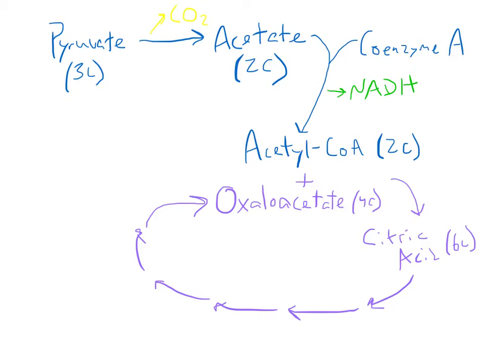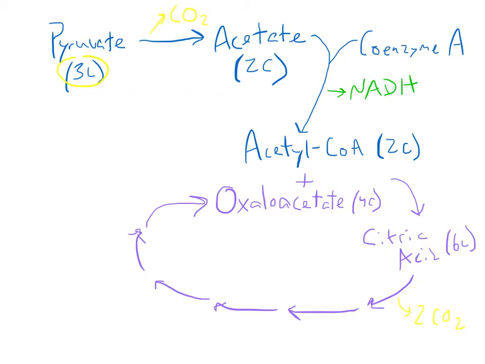Now, what we do need to know is that during these several steps that occur as we go from citric acid back to oxaloacetate, we are going to generate a couple things. The first thing to realize is that those two carbon dioxides are now going to show up and be given off. So the other two carbons that we started with up here have now been lost as carbon dioxide as well.